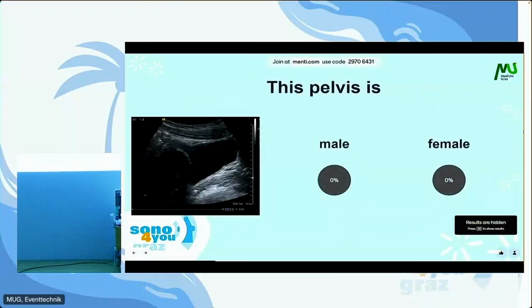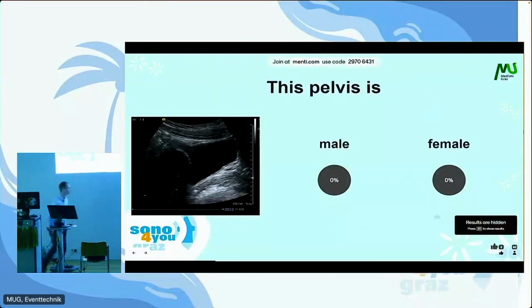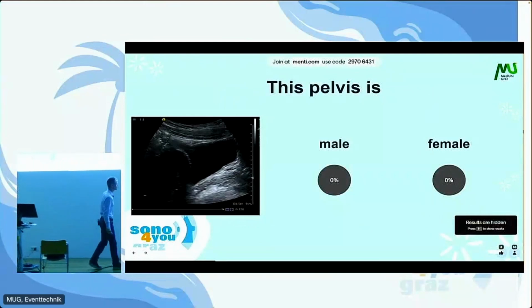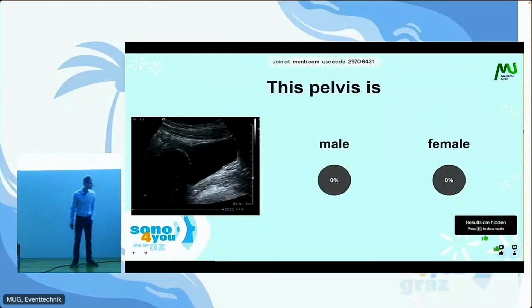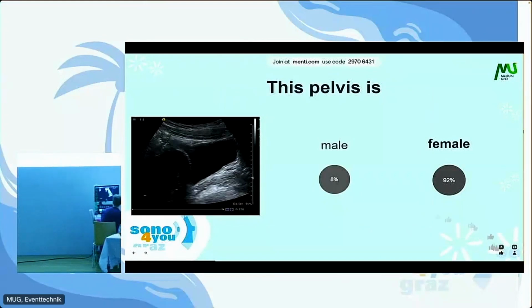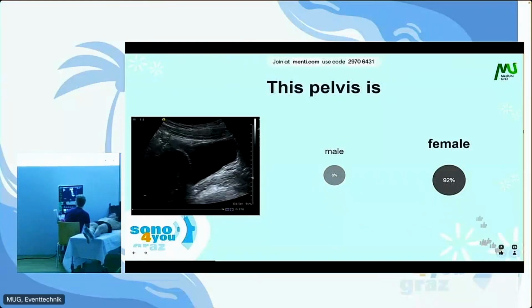Okay, next question. Is this pelvis male or female? So, I'm very impressed.